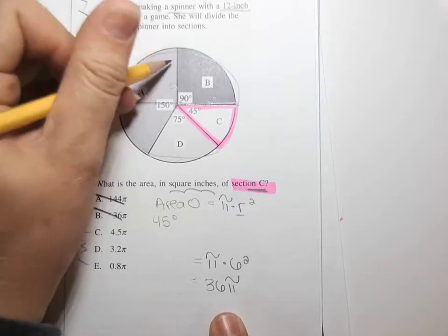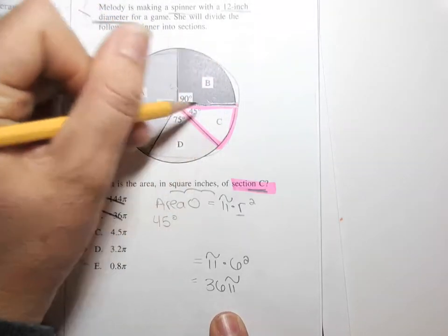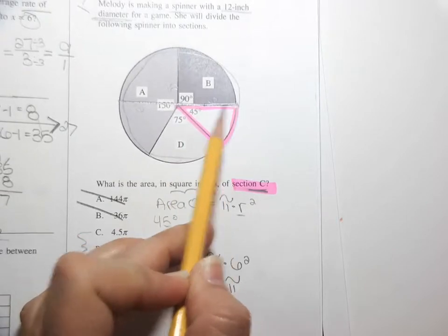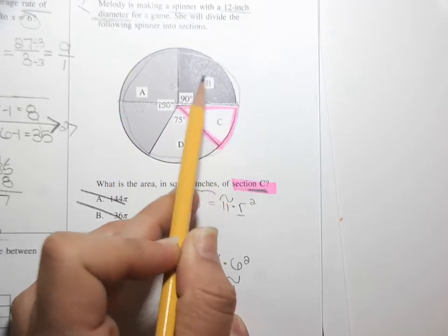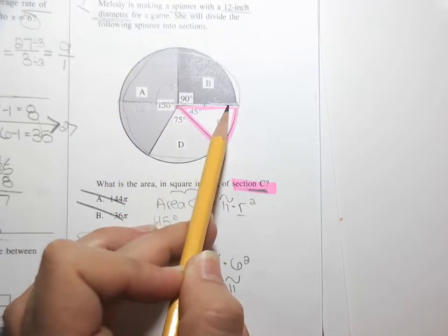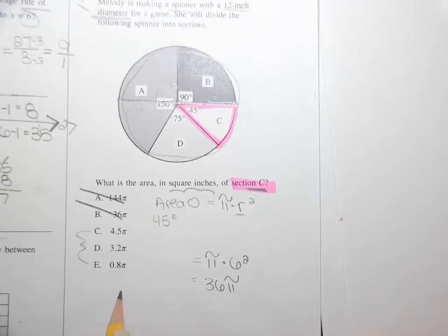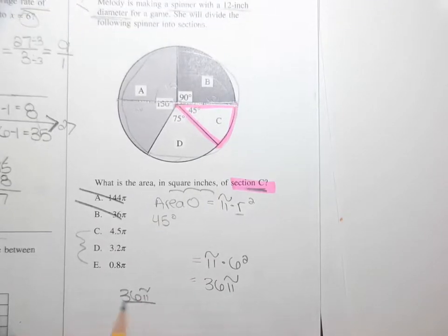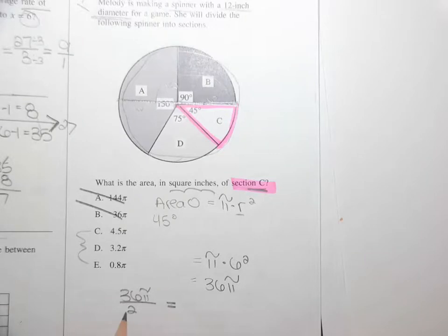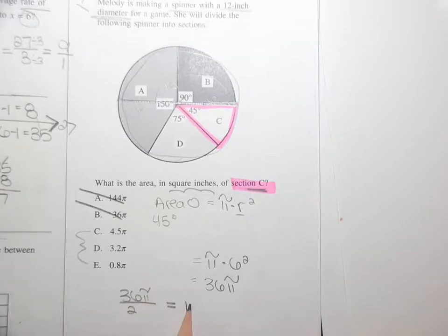So now I want to see, well, let's say if it was 180 degrees, it would be half. So from here to here, all the way across, that's going to be a half circle. So let's just say 36 pi divided by 2 is going to give me 18 pi. So I know it's going to be less than that.